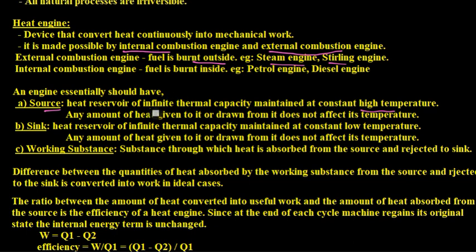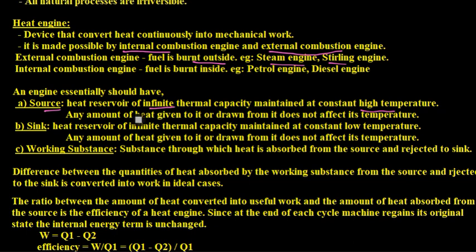That means any amount of heat drawn from it or given to that source does not affect its temperature. That is what is meant by infinite thermal capacity. So whatever quantity of heat is absorbed from that source won't affect the temperature of the source.